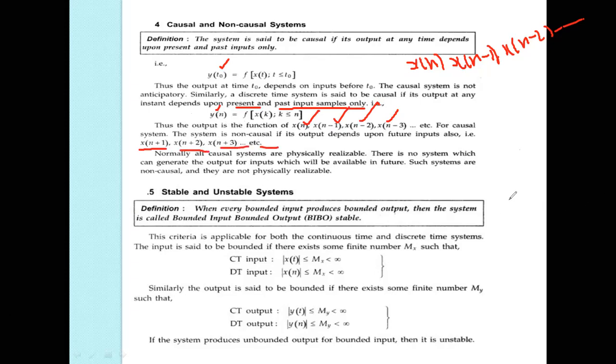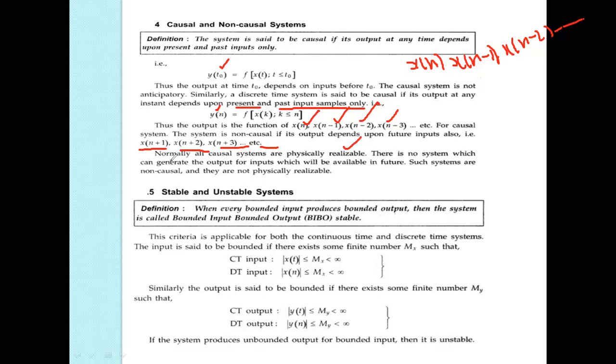Okay. Causal means the system is said to be causal if its output at any time depends upon the present and the past inputs, that is, t is less than or equal to t naught, or k is less than or equal to n. So normally all the causal systems are physically realizable.